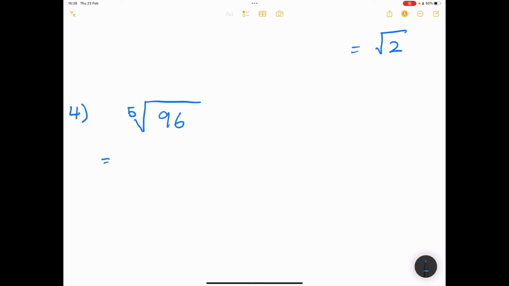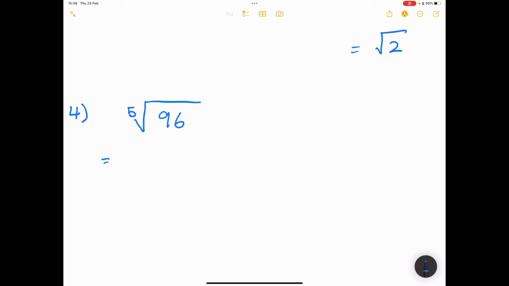How can I write it as a prime base in this case? All right, now if I think about it, 96 is 32 multiplied by 3. 3 is a prime number, okay?